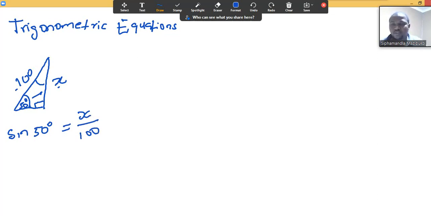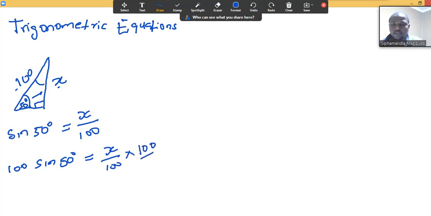So we multiply by 100 both sides. What we'll have is 100 sine 50 degrees is equal to x over 100 multiplied by 100.